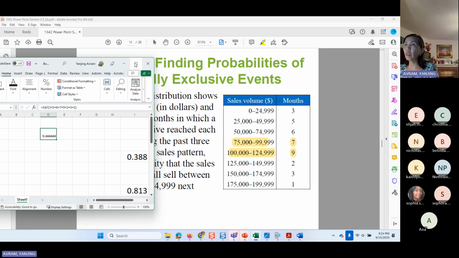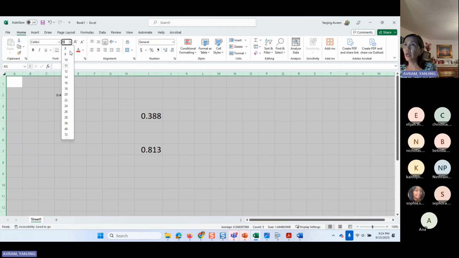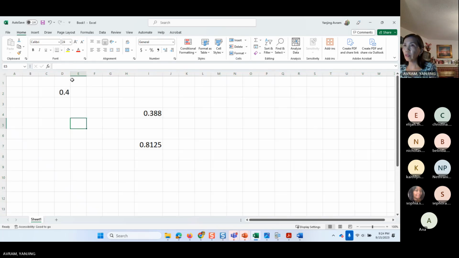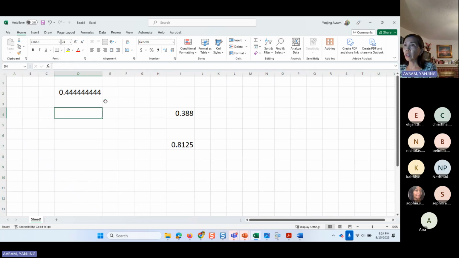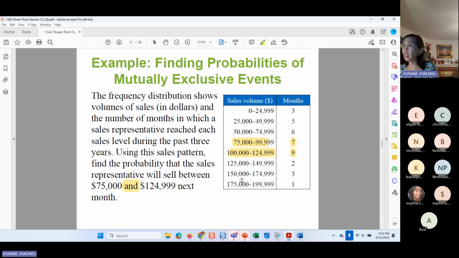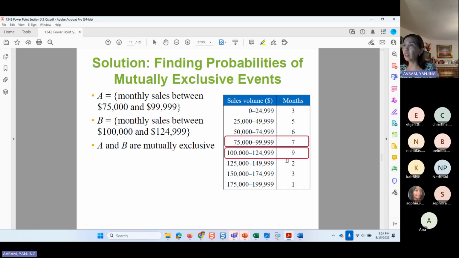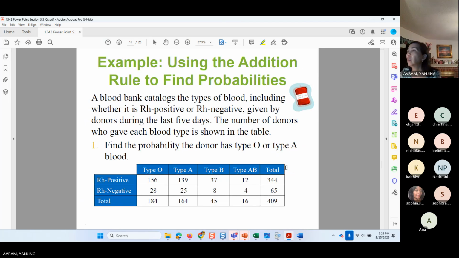That will give you the probability. So that is how you find this type of question. We have a 7 plus this 9 together, and then we divide it by the total.